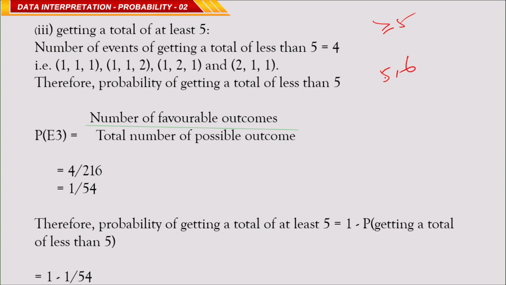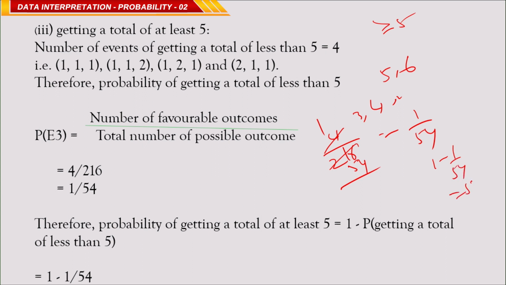Getting at least 5 is the complement of getting at most 4, whose favorable outcomes are 4, that is 3 and 4, so 4 by 216, which is 1 by 54. Since at least 5 means more than 4, we simply subtract: 1 minus 1 by 54, which is 53 by 54, correct. Okay, now we will shift to the next.